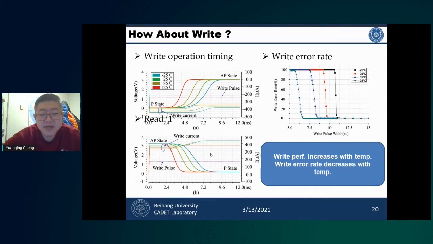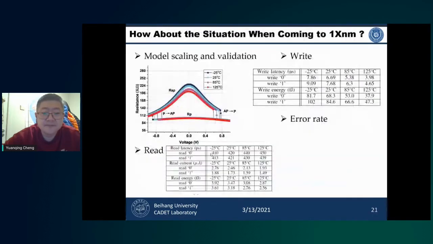That is why the write performance increases with the temperature, and the write error rate decreases. So the main problem at high temperature is the read disturbance. So in the next step, we try to use some circuit optimizations to deal with this read disturbance problem.